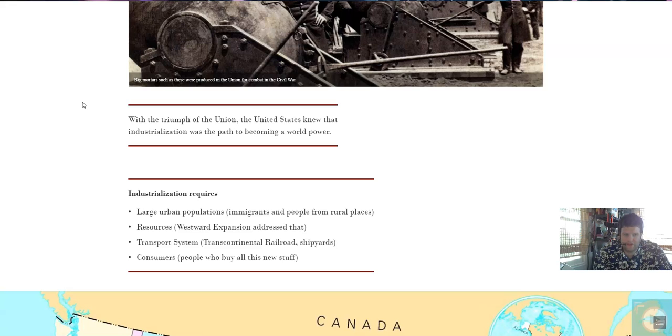Now, number two, resources. Factories are, if you want to think of it in this analogy, hungry things. Steel and stone for their bodies, coal to power them, plus whatever raw materials you need to crank out that finished good. To feed these places, you just have to look at places like England.